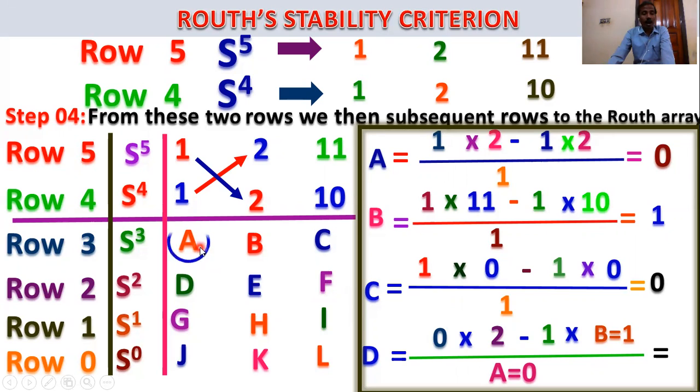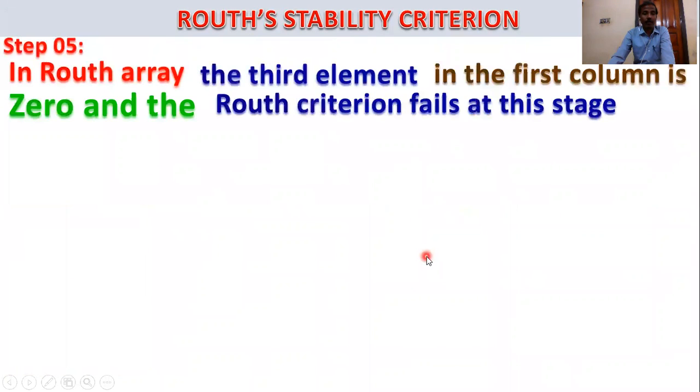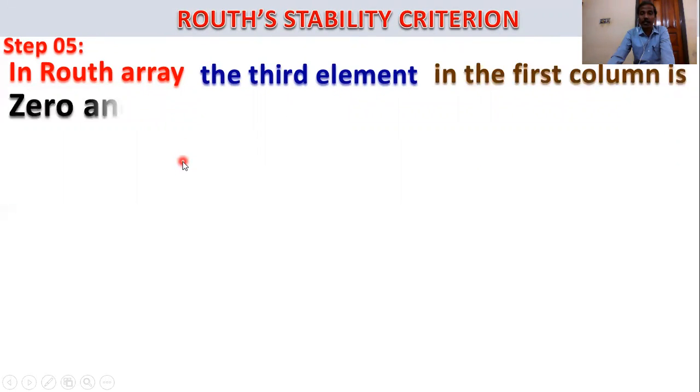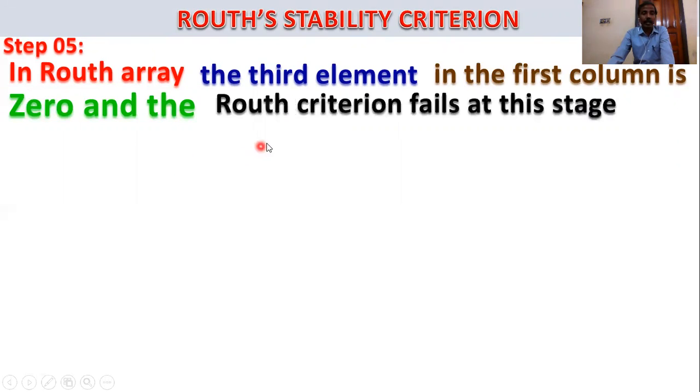So choose the value A positive, and this positive value epsilon tends to 0 but does not equal 0. So next step, in the Routh array, the third element in the first column is 0, already discussed, and the Routh criteria fails.